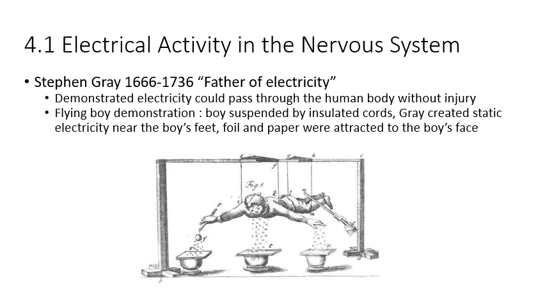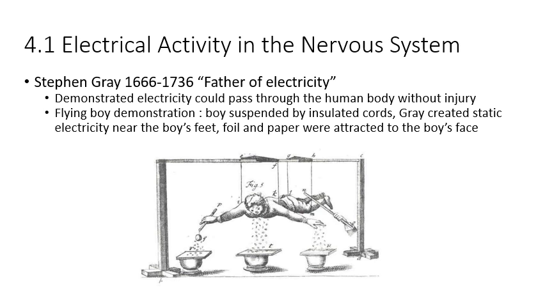Okay, so starting on the lecture material, here in section 4.1, electrical activity in the nervous system. A little bit of background on electricity in the nervous system. Stephen Gray, who's considered kind of the father of electricity starting in the late 1600s, demonstrated that electricity could pass through the human body without injuring the individual.